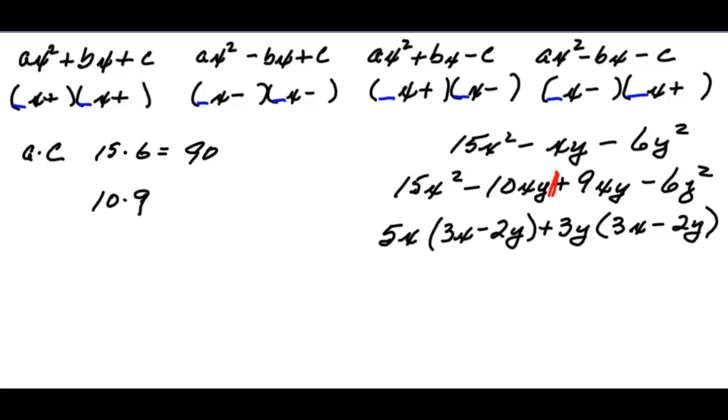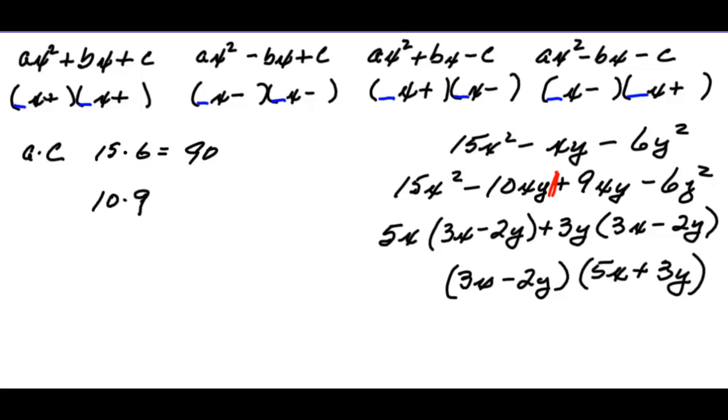And now we have that factor that's common to both, 3x minus 2y times what's outside the quantities there, 5x plus 3y. So there you have an example of all 4 patterns.